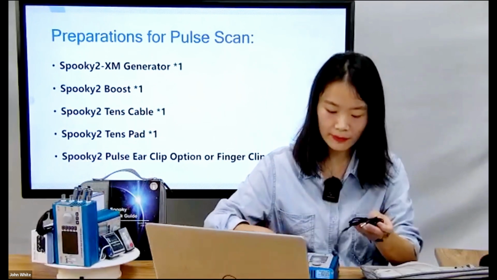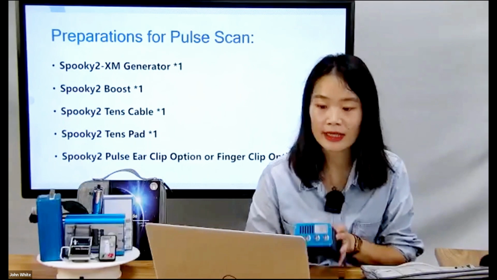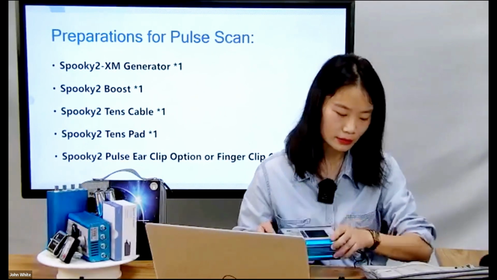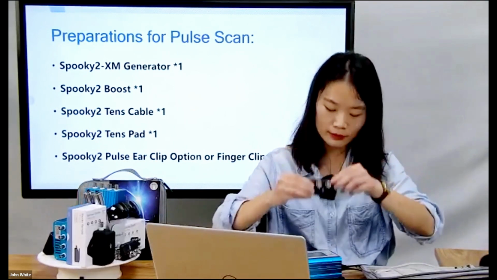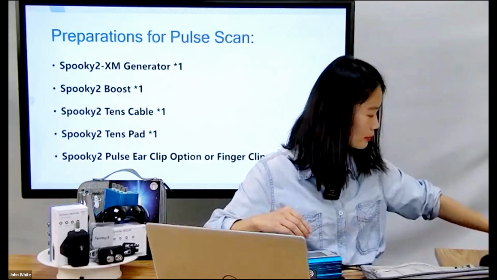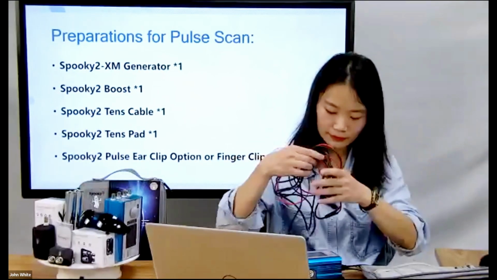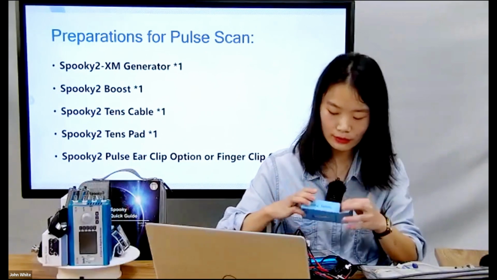And to do the biofeedback scan with XM generators, these are the items we will need, as you can see on the screen. The Spooky2-XM generator, the boost, the TENS cable and the TENS pads, and the Spooky2 Pulse.